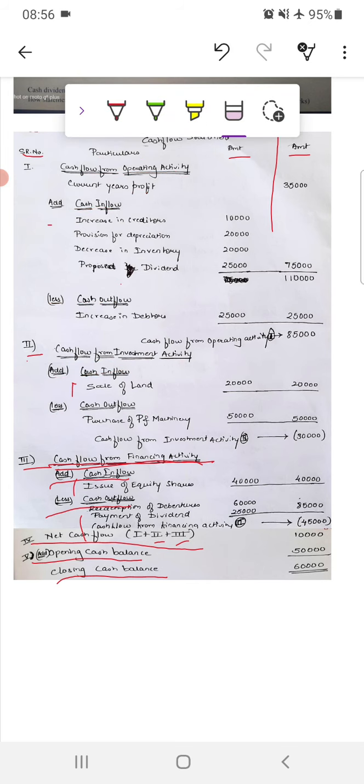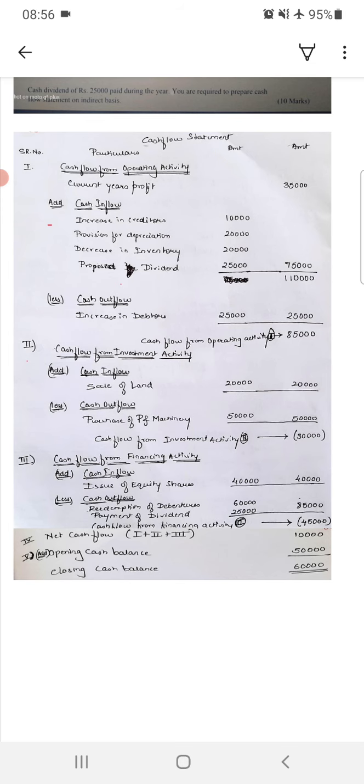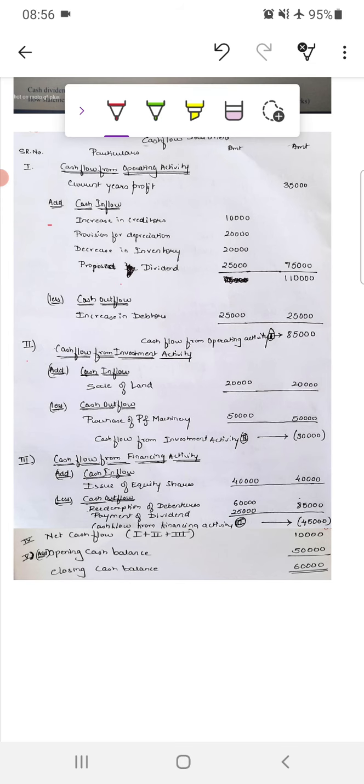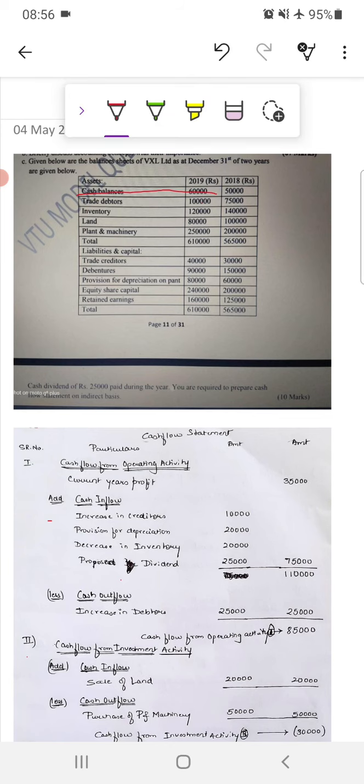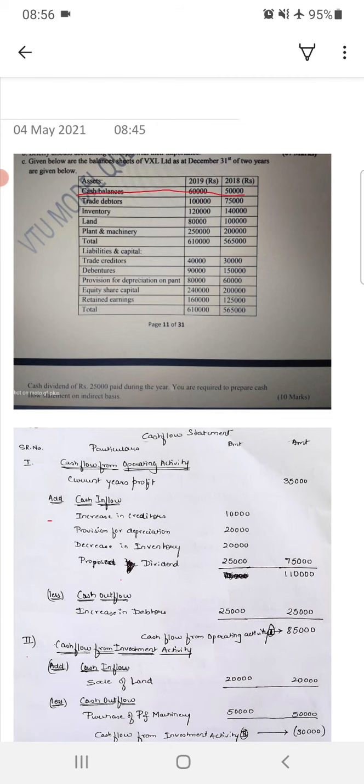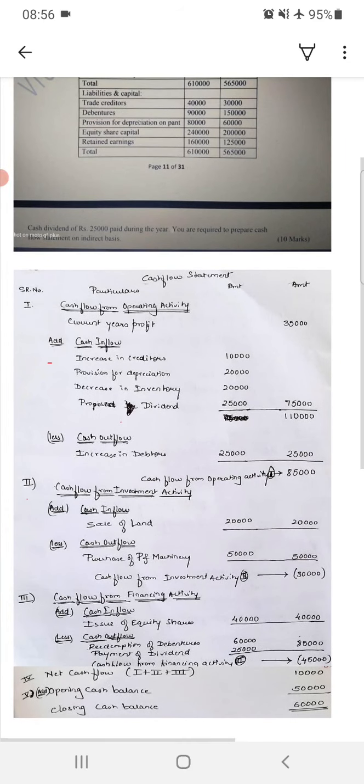Let us first erase these annotations. It looks clean. So let's start. Now the first one is, let's go as per the balance sheet now. What is the first thing given to us? Cash balance is given. So where do we take this cash balance? We take this cash balance below over here.